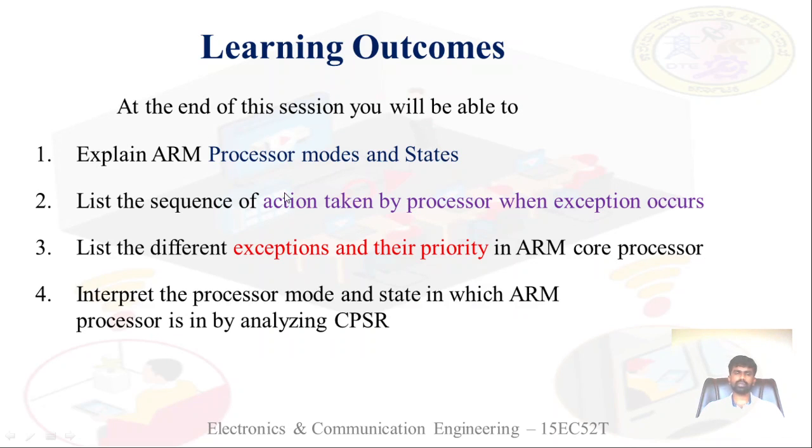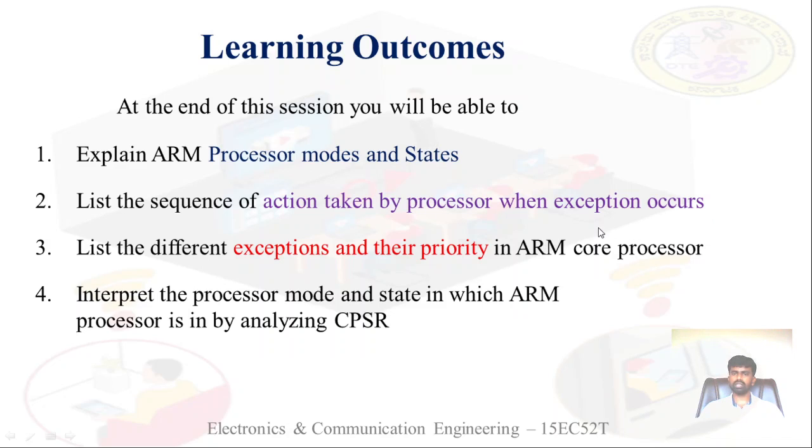Learning outcomes of this session: at the end of this session, you will be able to explain the different processor modes and different ARM processor states. Next, you will be able to list the sequence of actions taken by the processor when an exception occurs.